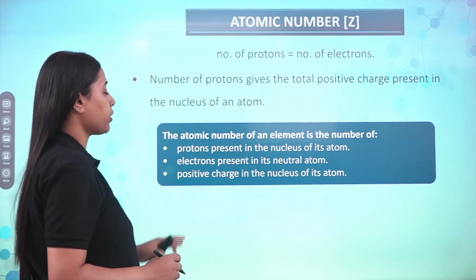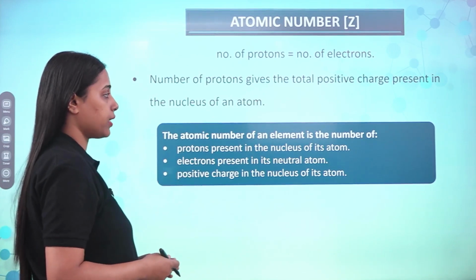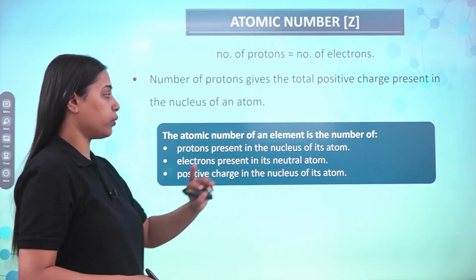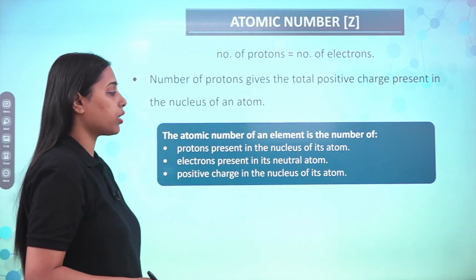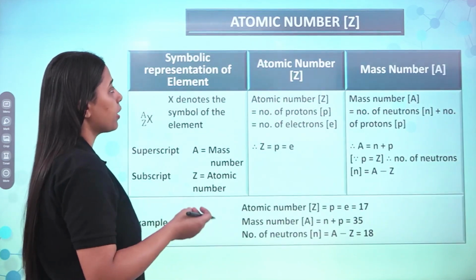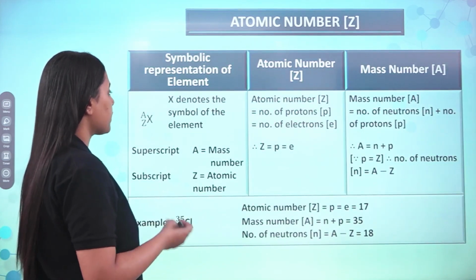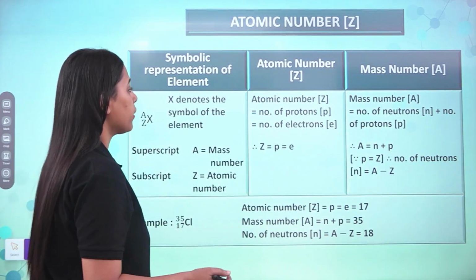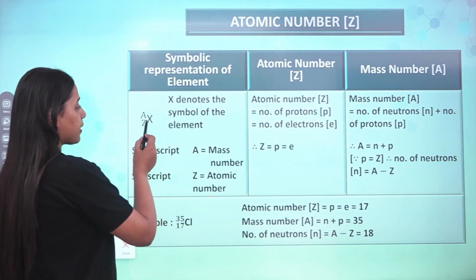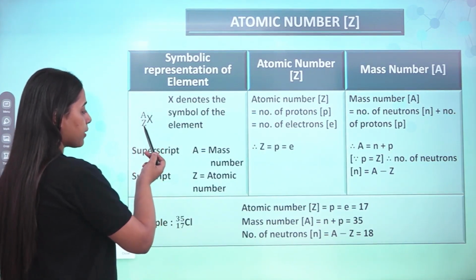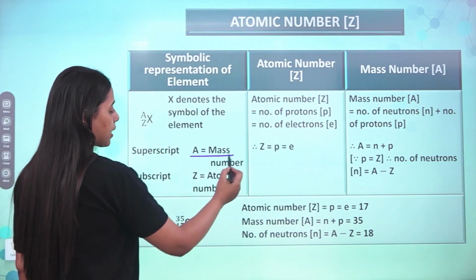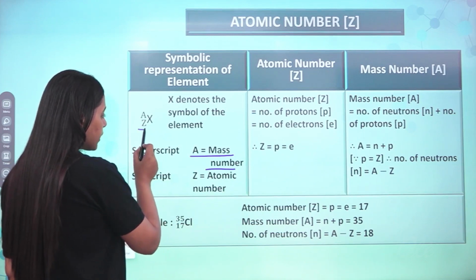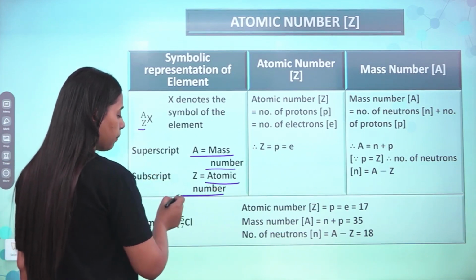So the definition is that the atomic number of an element is the number of protons present in the nucleus, the electrons present in the neutral atom, and the positive charge in the nucleus of an atom. It is represented by writing the element X with superscript A and subscript Z, where the superscript A represents the mass number and the subscript Z represents the atomic number.